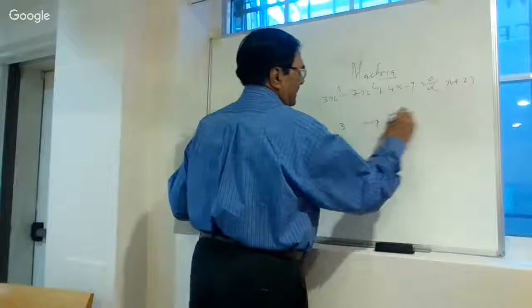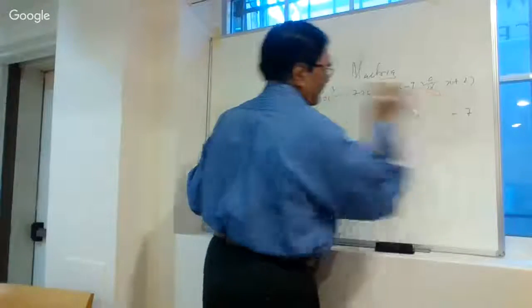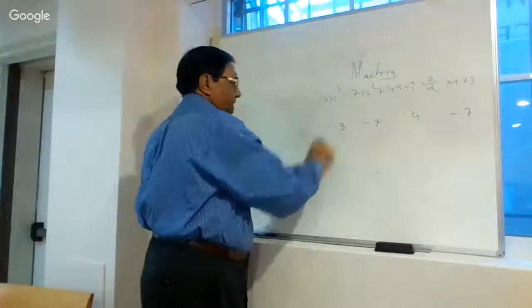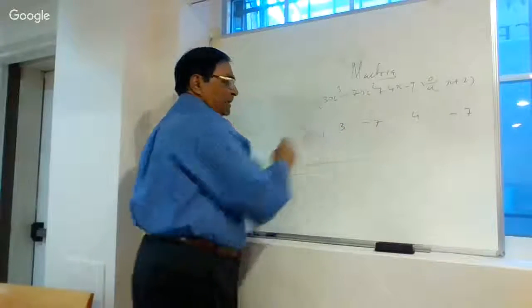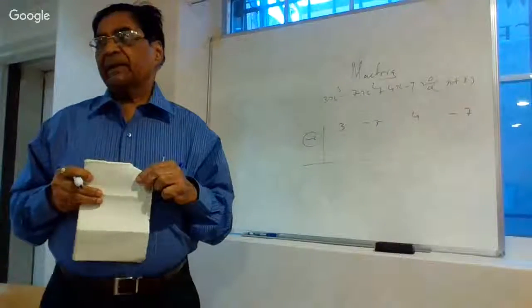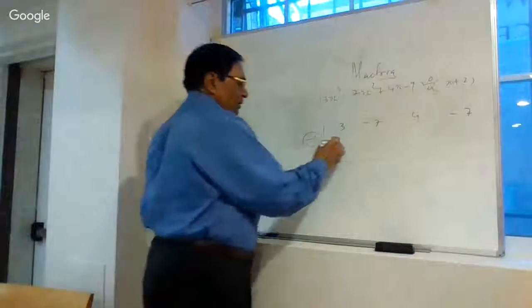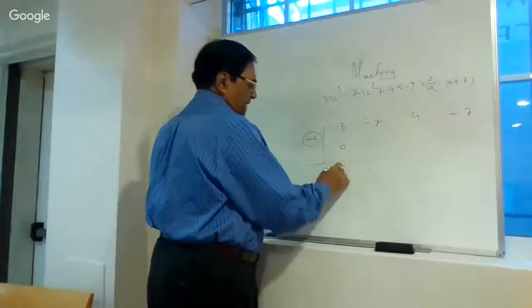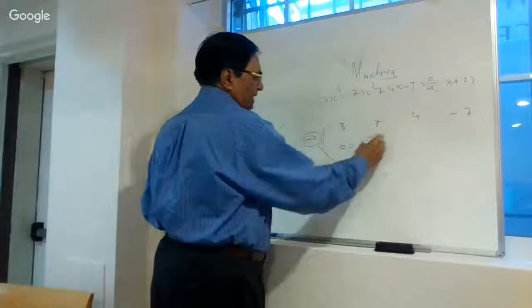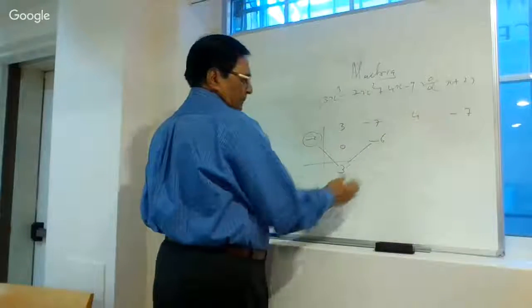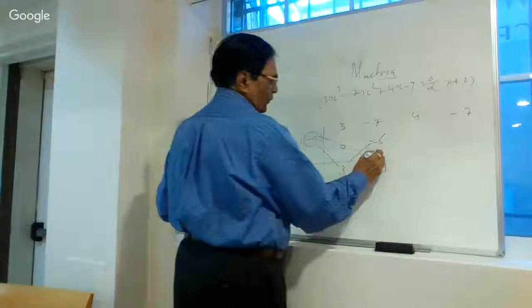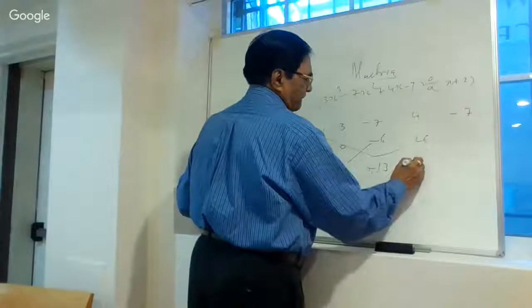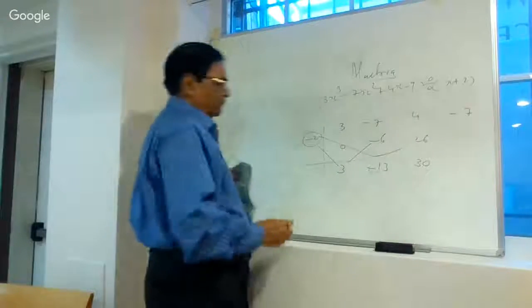3, minus 7, 4 and minus 7, and minus 2 will be here. So it will be 0 here. 3, this will be minus 6, minus 13. These two product will be 26, it is 30.